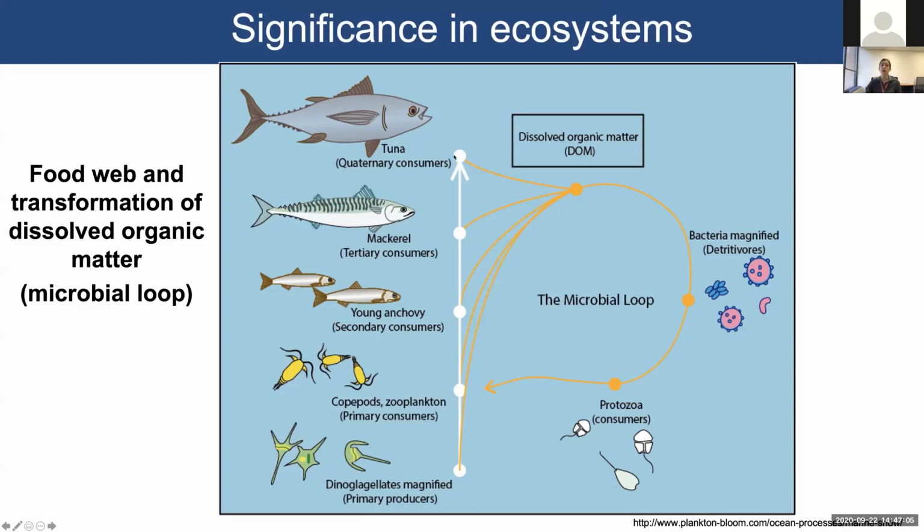And then people realized that we're missing a big component here, the dissolved organic matter. So after organisms died, they became decomposed by bacteria, releasing this dissolved organic matter, which is then also taken up by microorganisms and pumped back into the food web. And this pathway is called the microbial loop and can pump about 50% of the total carbon in the ocean. So it's very influential.